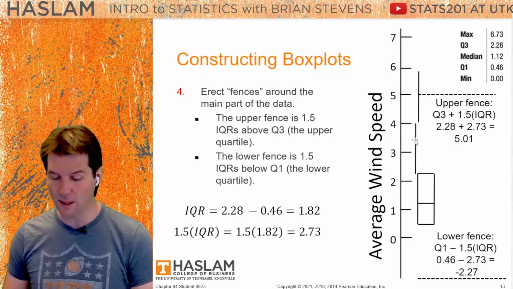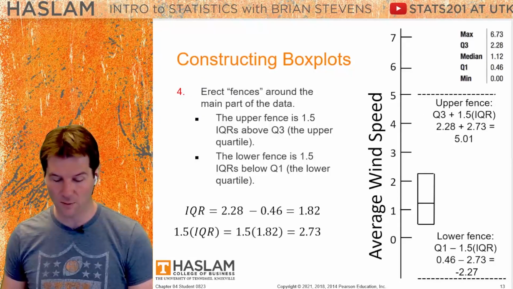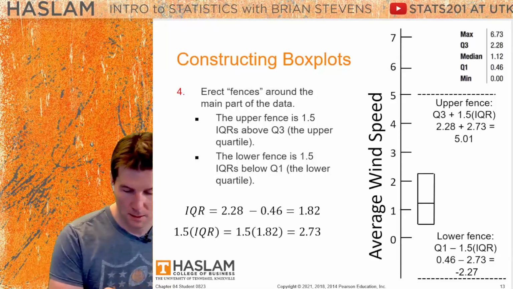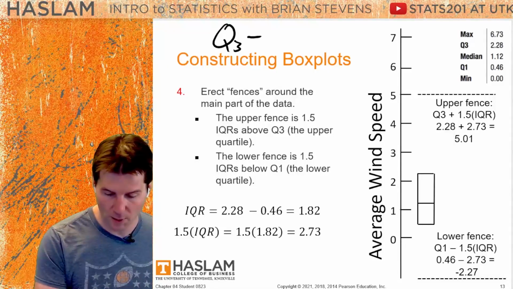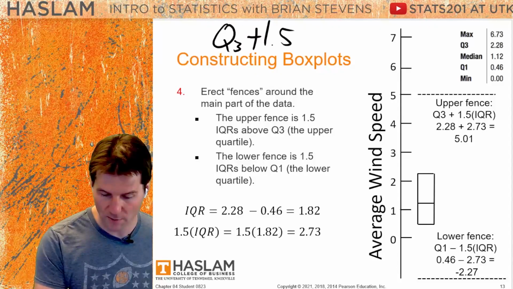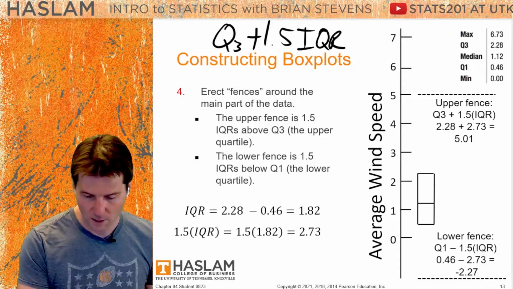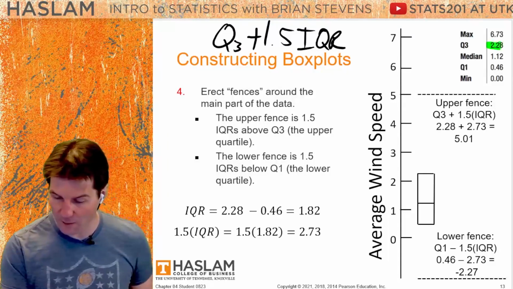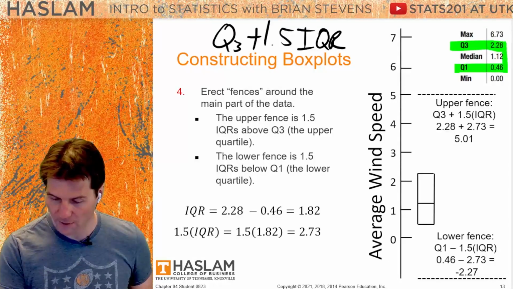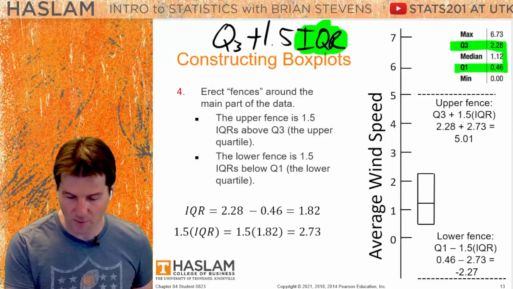So to find this out mathematically, write down the formula. Q3 plus 1.5 IQR. So IQR would have to be found for the data set. You're going to have to find that and times it by 1.5.